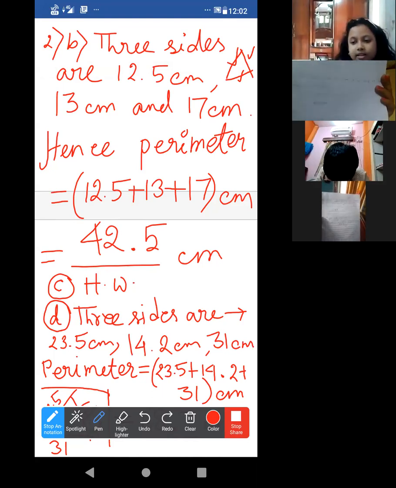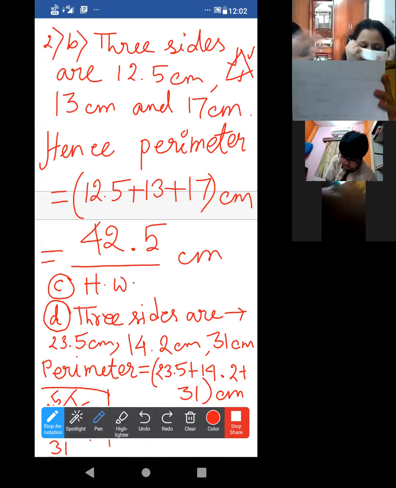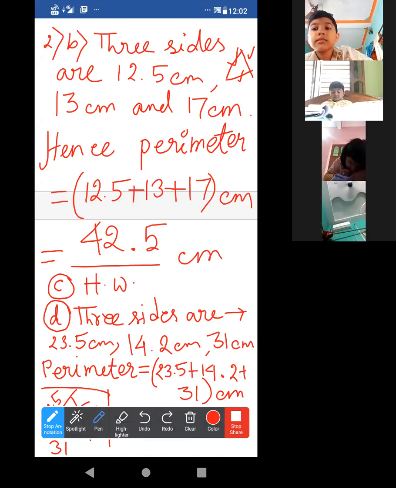Sulagna, Oishani, Obipsha, Ishika, good. Ashmit, Shifat, Shirin and Mosha. Shirin, sit properly. I can see only your fan wall. Okay.